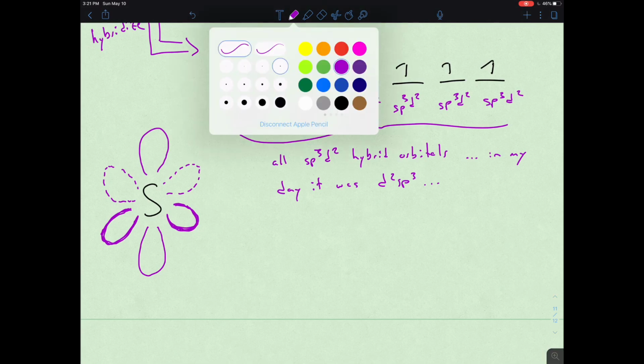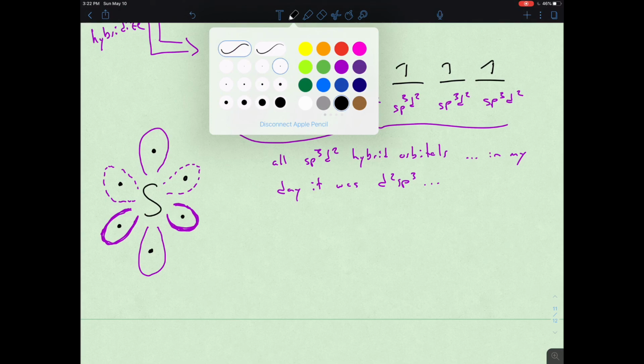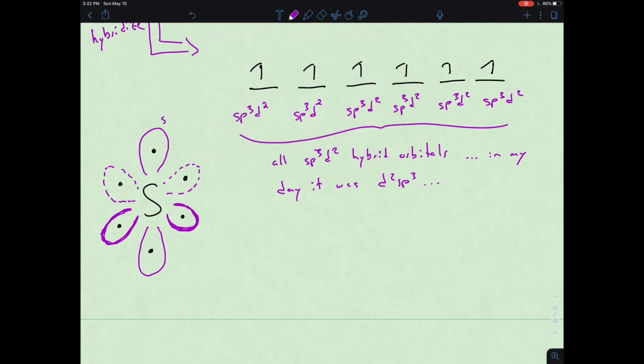So we would end up with something that looks like this. Each orbital now that's hybridized has 1 electron in it. And these are all of those orbitals that we just constructed, all sp3d2 hybridized.